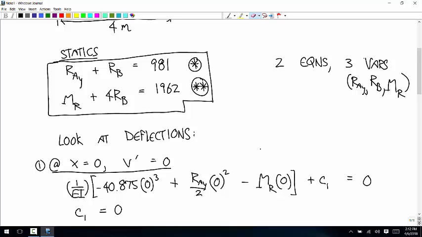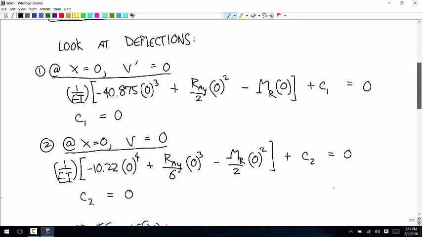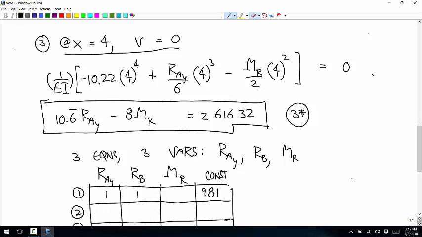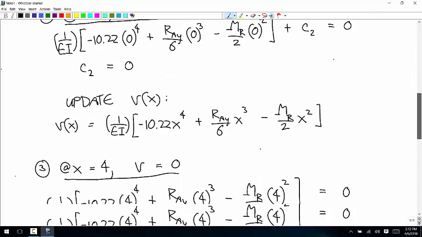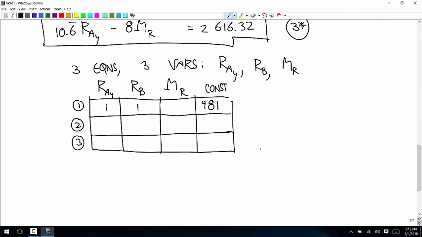I have to clean these up because otherwise you think there's all these time derivatives of everything when you look back. So we have RBs, we have 4. MRs, we have 1, and then 1962. 1 MR, 4 RB, and then 1962.